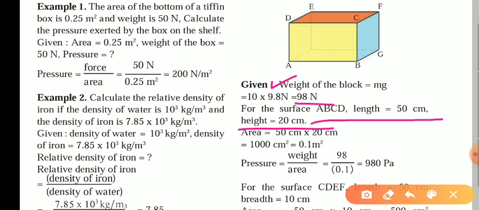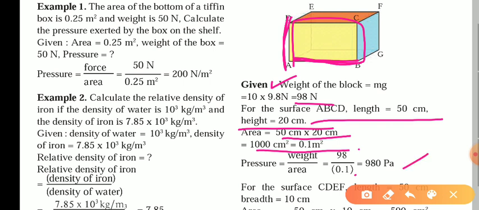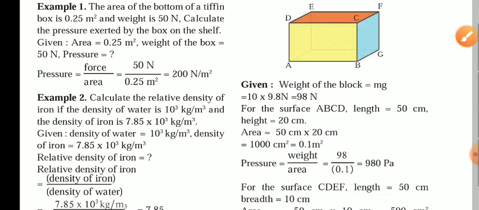When we talk about this ABCD, length is 50 and the height is 20. If this face is on the surface, then 50 into 20, that is area is 0.1 meter square, and when we calculate 98 upon 0.1, we will have 980 Pascal.